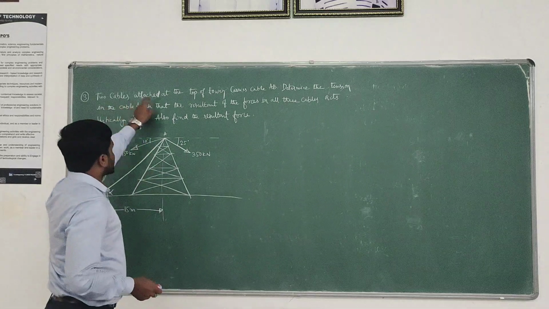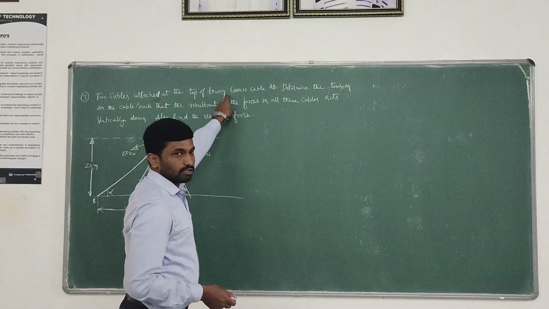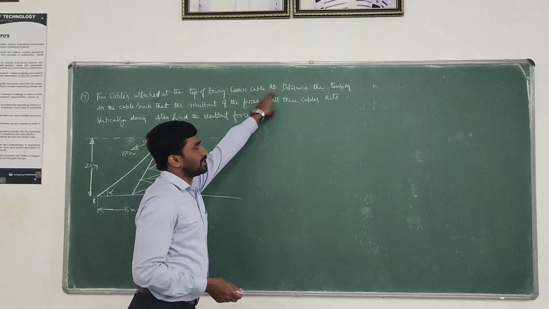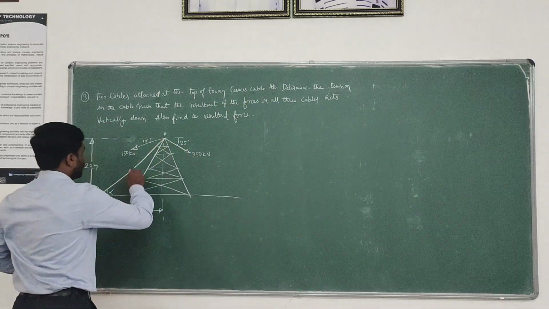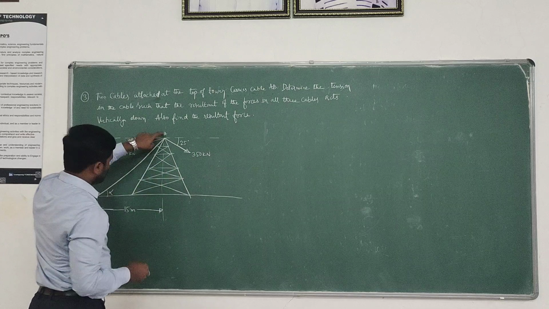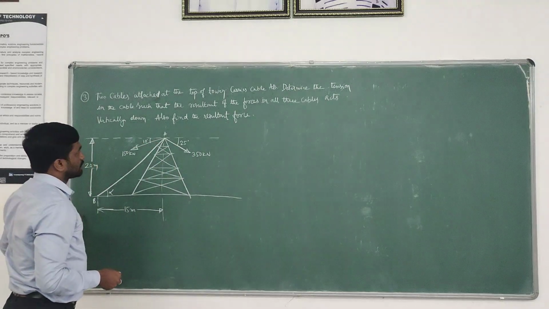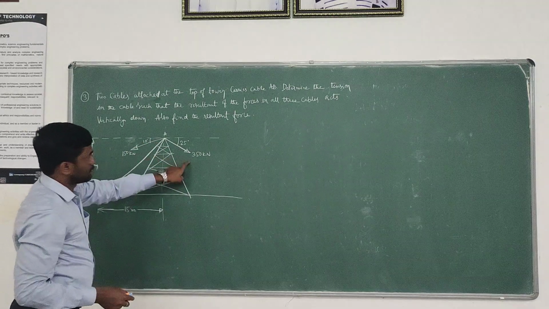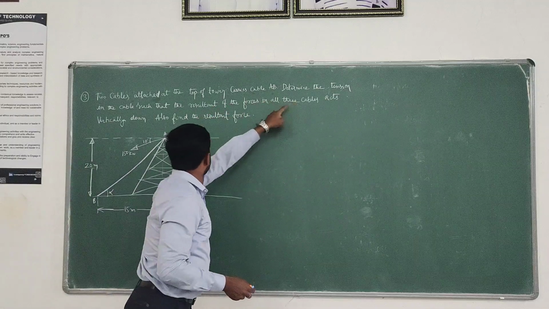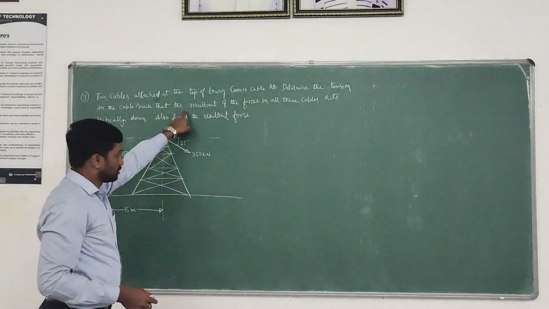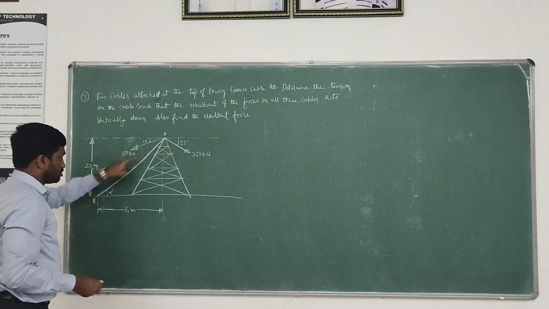Two cables attached at the top of the tower carry a cable AB. So these are the two cables, but AB is a particular cable. These forces are given. Determine the tension in the cable, so we have to determine the tension in AB.